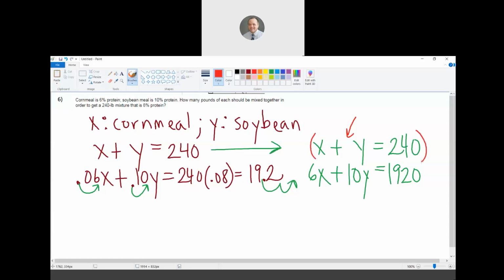To get that value, just simply multiply your entire first equation by negative 10. So we have negative 10x minus 10y equal to 240 times negative 10. That gives us negative 2400.